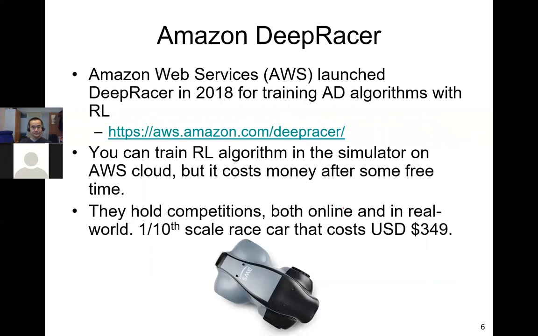Amazon Web Services launched DeepRacer in 2018 for training AD algorithms with RL. You can train RL in the simulator on the AWS cloud, but it costs money after some free time. They also hold competitions both online and in the real world. They sell this 1/10 scale race car that costs $349.